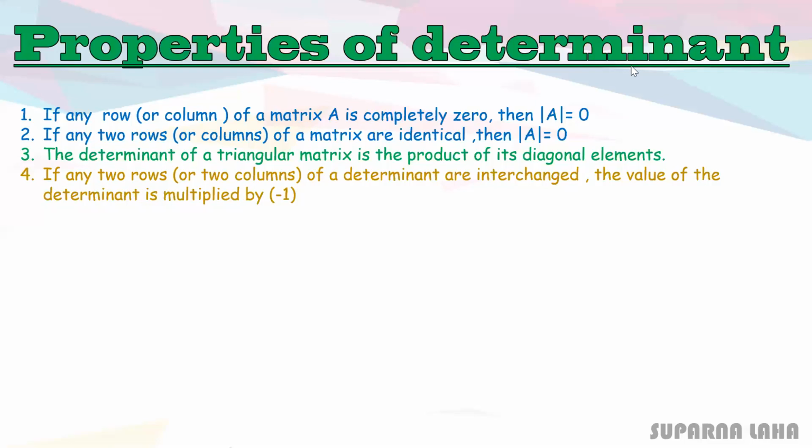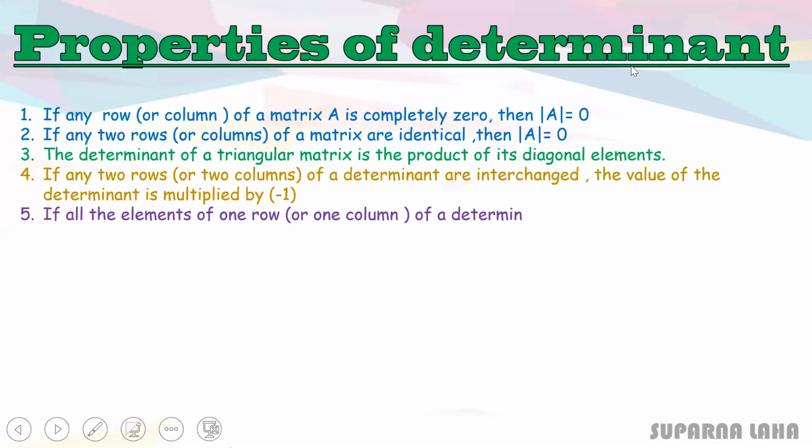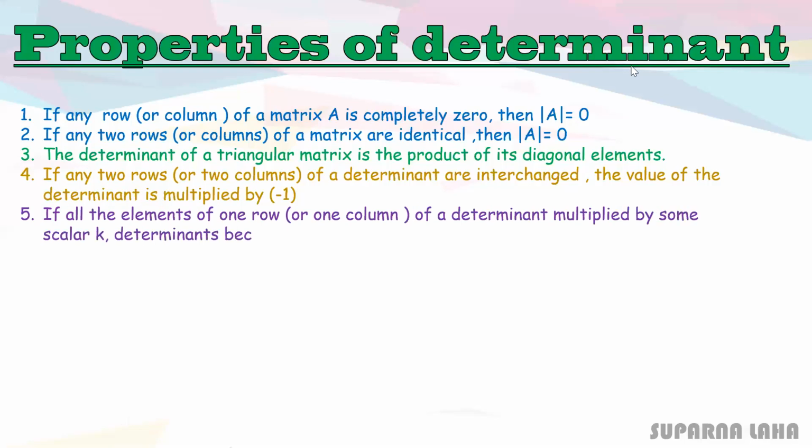So moving to the next property, if all the elements of one row or column of a determinant are multiplied by some scalar quantity k, then the determinant becomes k times the original determinant. Now suppose in the first row all the elements are given in a 2k form: first element 2k, then 2k, then 2k.